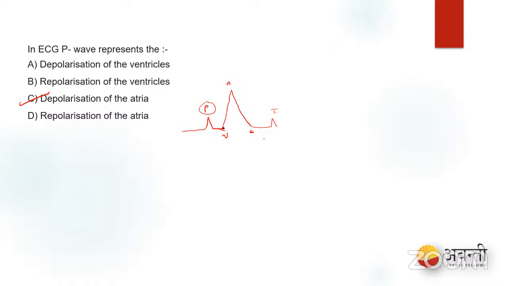At the same time, the repolarization of the atria takes place during the QRS complex, so we do not get two waves, we get only one wave, as they overlap. The T wave is the repolarization of the ventricles. So our question is about the P wave, and the P wave is where depolarization of the atria happens.